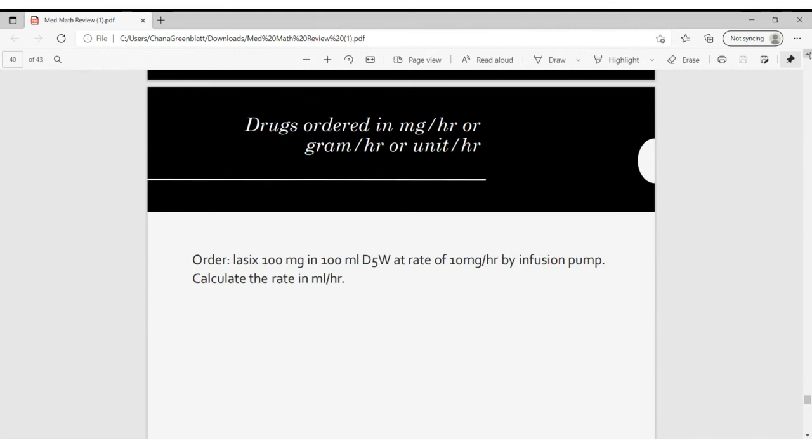And they want me to calculate the rate at which the medication is given in milliliters per hour. So feel free to try to tackle this on your own for around a minute and a half, and then we will go through how to answer it. Again, what you want is 100 milligrams of Lasix in the appropriate administration rate of milliliters per hour.